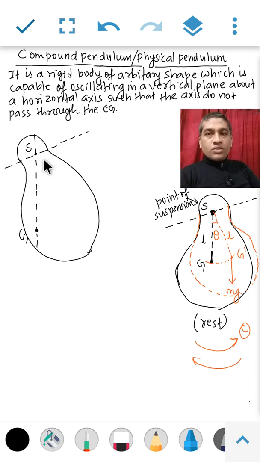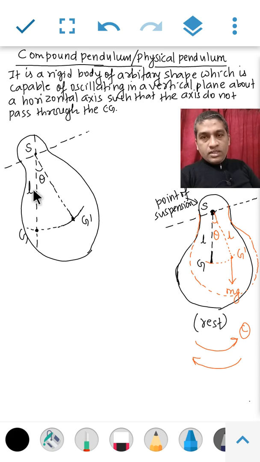This is the displaced position. Now the pendulum is displaced by small angle theta. This is G dash, center of gravity when the pendulum is displaced, and this is angle theta. So the distance SG is L and distance SG dash is L.